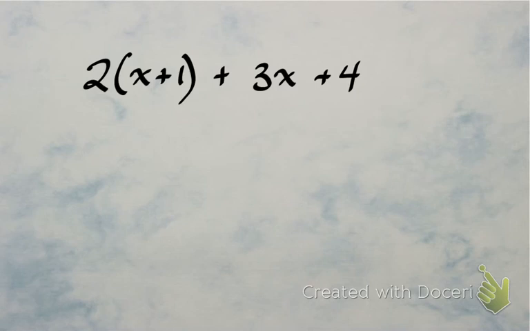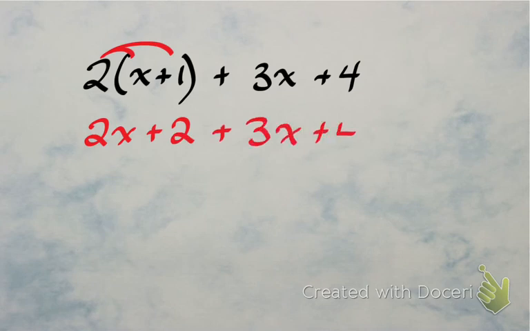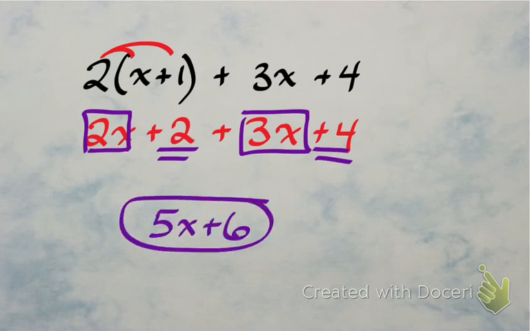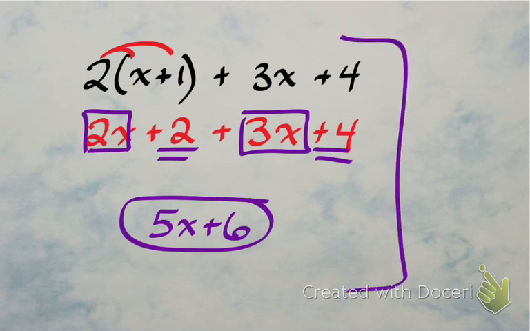We distribute, so we have 2x plus 2 plus 3x plus 4, and now we connect to what we did last week, where we combine our x's and our constants to get 5x plus 6. This is where we're headed with this skill. You don't need to worry about this today, but just as a preview, we will eventually be working into a point where the distributive property is part of the expressions that we simplify.